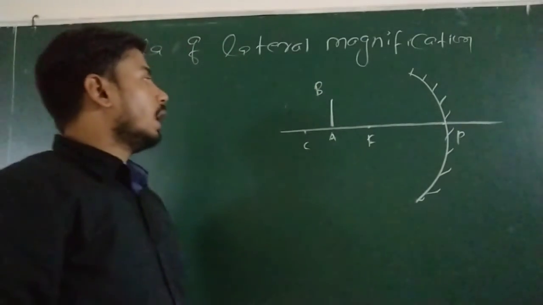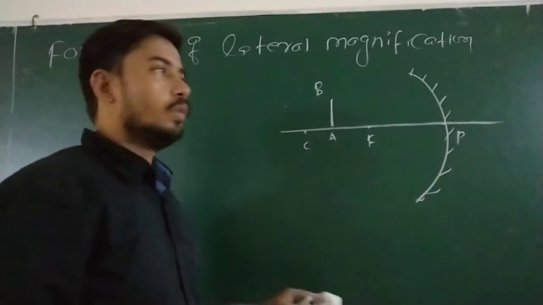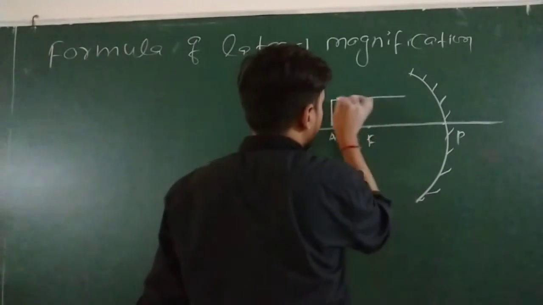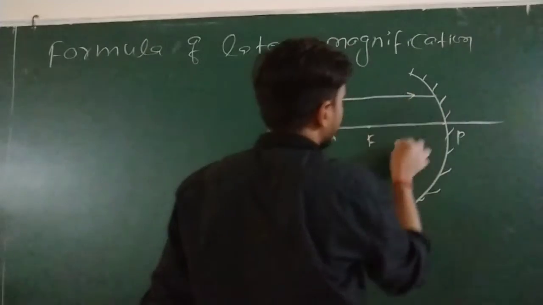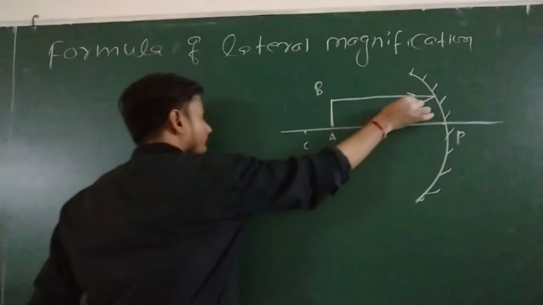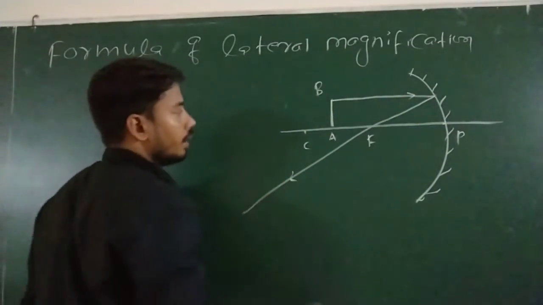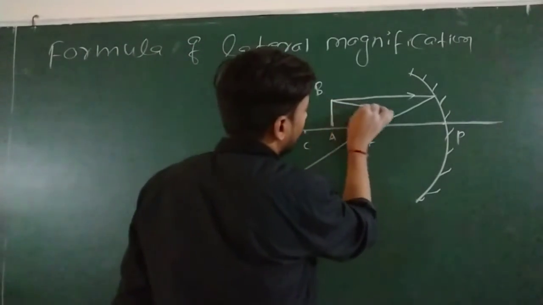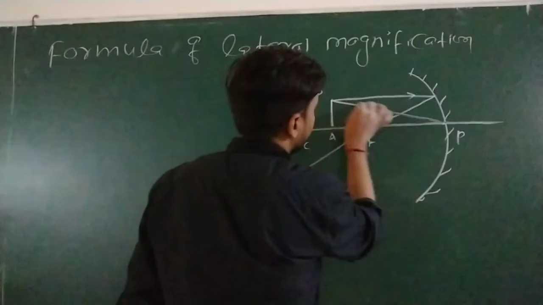First of all I have to make its ray diagram. I can select any one ray. First select a ray which is parallel to the principal axis. After reflection, this ray must pass through the focus. Take another ray at the pole at an angle theta.